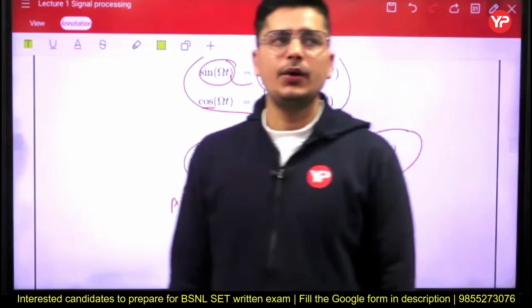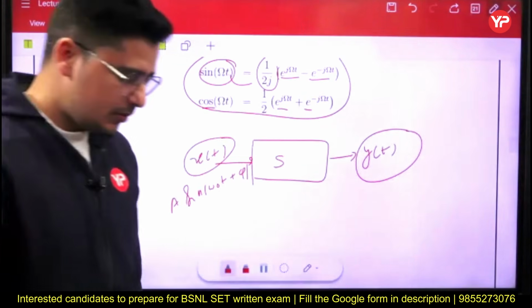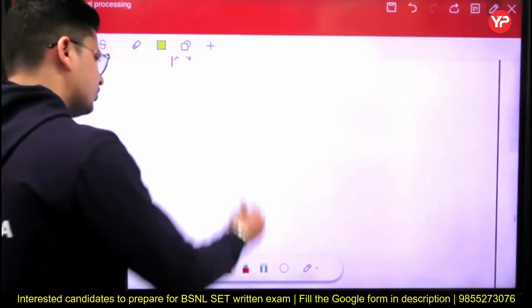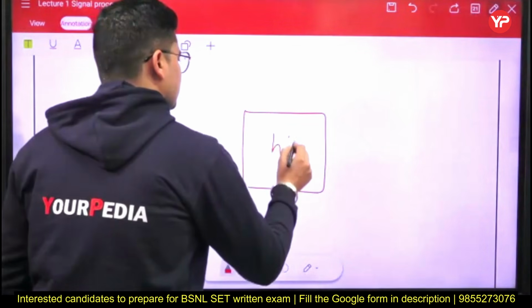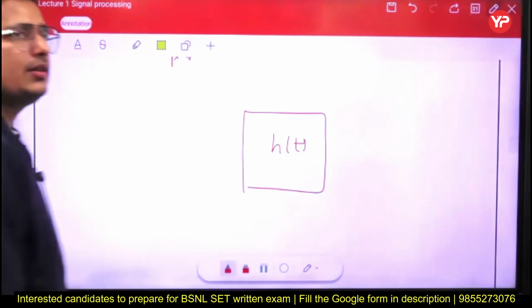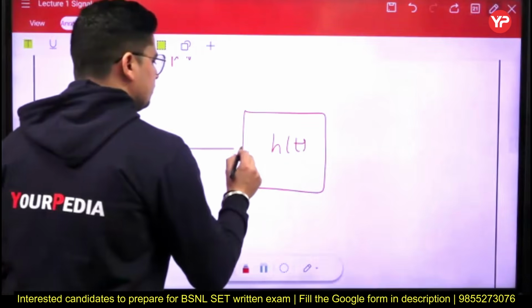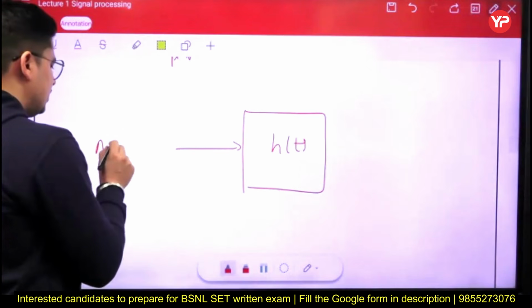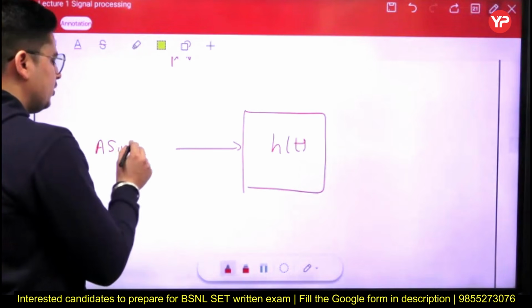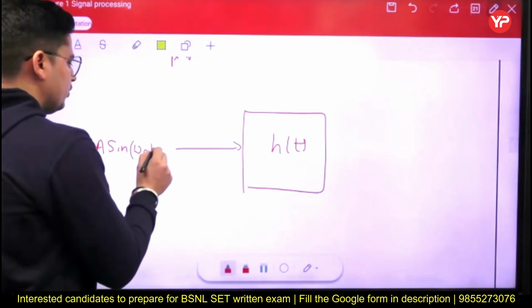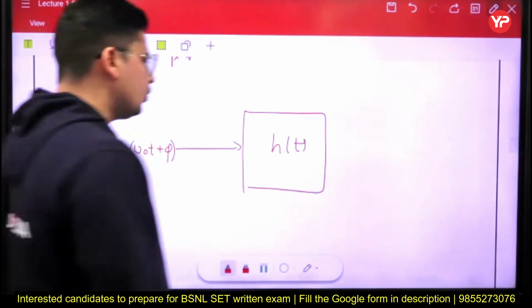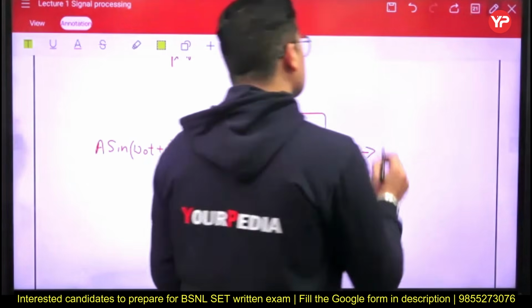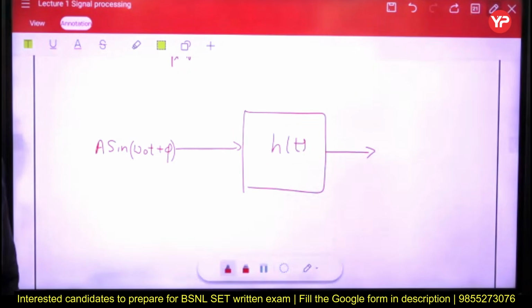Whenever we are talking about LTI systems, just remember one thing. If you have an LTI system with impulse response h(t), and we give the input as a sinusoidal signal, it can be sine or cosine, sine of omega naught t plus phi, then the output of that system is also a sinusoidal signal of the same frequency.